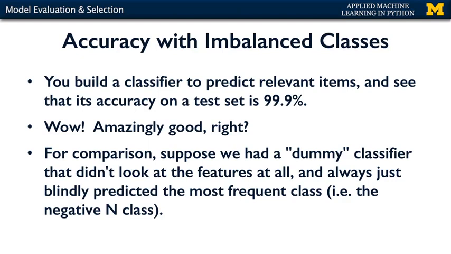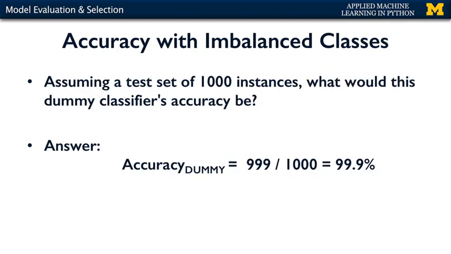At first, that might seem to be amazingly good, right? It's incredibly close to perfect. But let's compare that to a dummy classifier that always just predicts the most likely class, namely the not relevant class. In other words, no matter what the actual instance is, the dummy classifier will always predict that an item is not relevant. So if we have a test set that has 1,000 items, on average, 999 of them will be not relevant anyway.